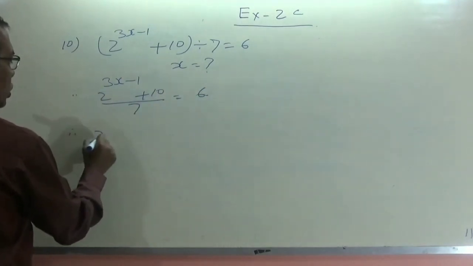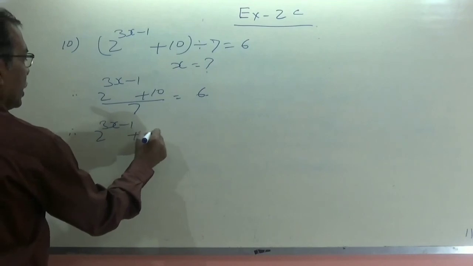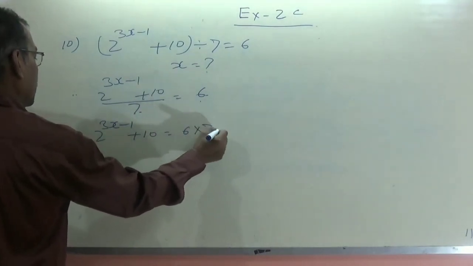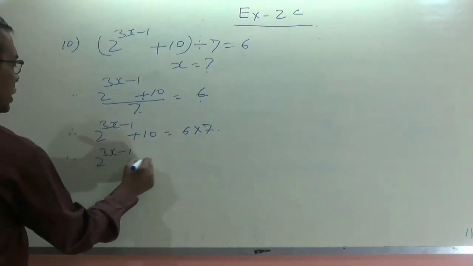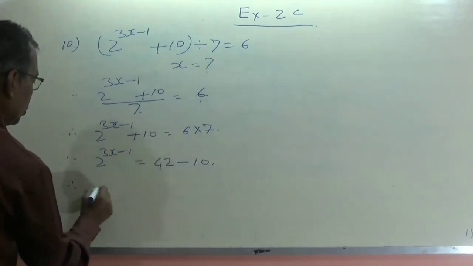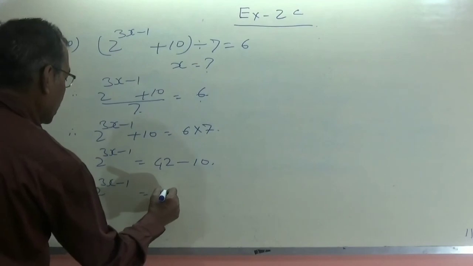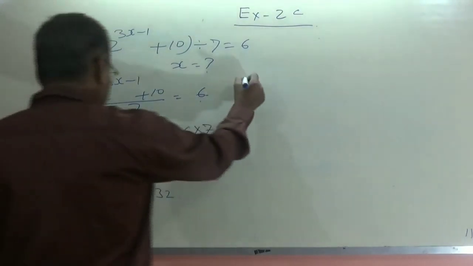So therefore 2 to the power 3x minus 1 plus 10 is equal to 6 7s are 42. So therefore 2 to the power 3x minus 1 is equal to 42 minus 10, which is 32.